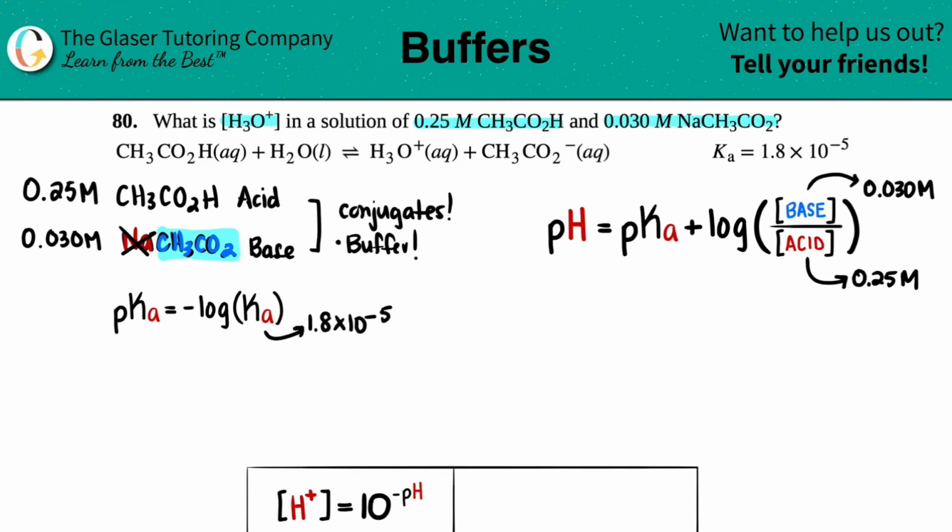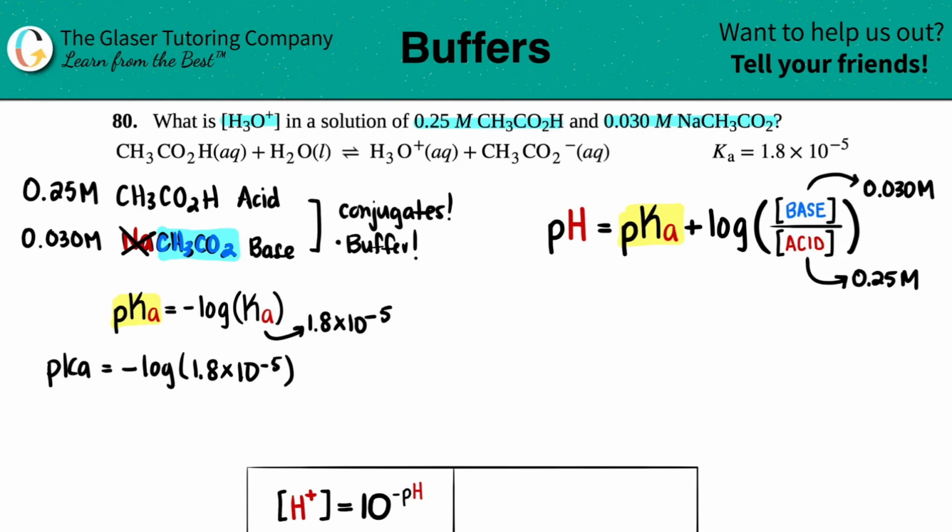So I can plug this in to solve for the pKa, and that would be the number that goes here. So let's try it out. pKa equals the negative log of 1.8 times 10 to the negative fifth.